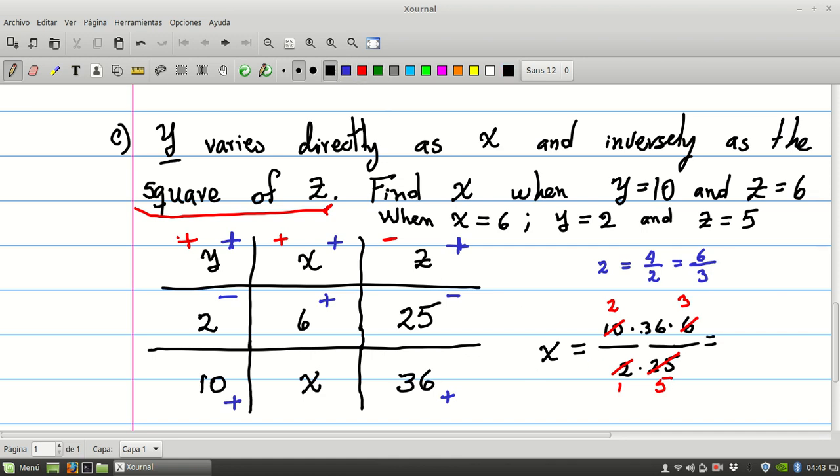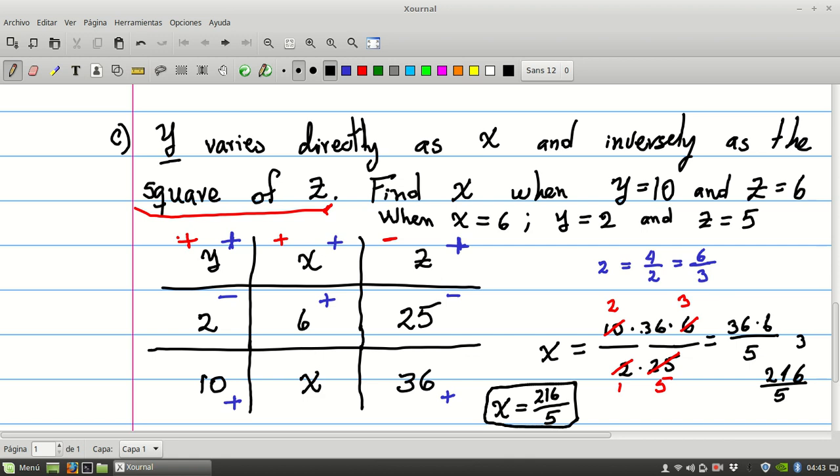We have here 36 times 6, 3 times 2 is 6, divided by 5. So we just need to write that. 6 times 6, 36. 6 times 3, 18, and 3, 21. So 216 over 5.